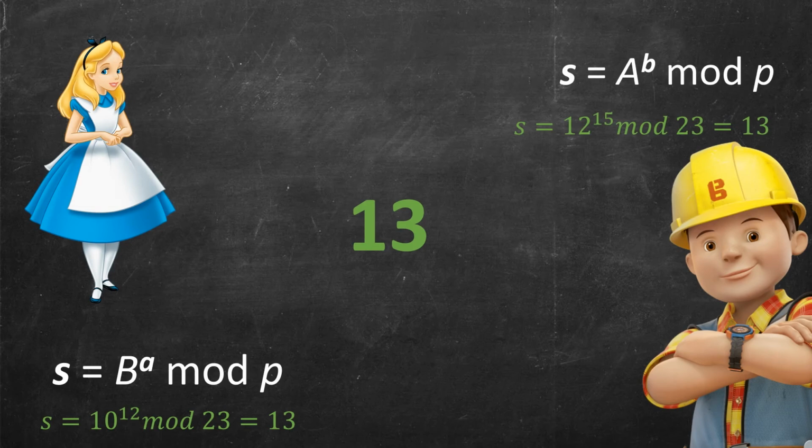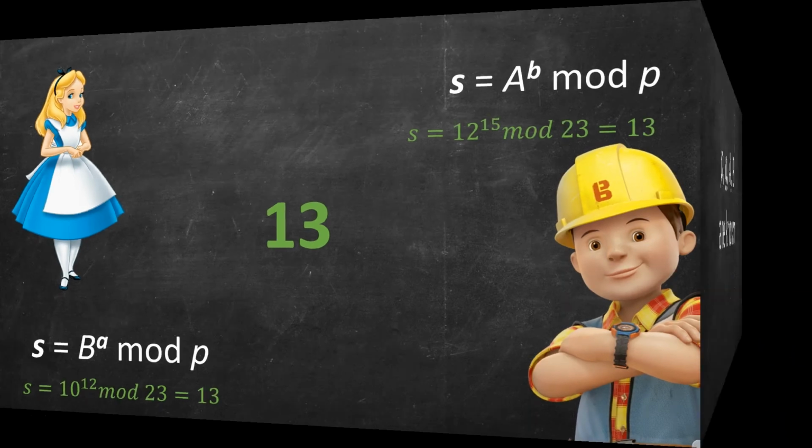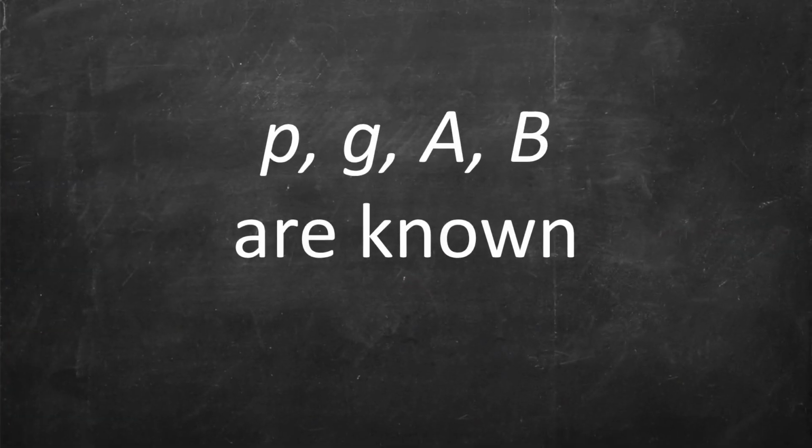They just shared G and P and capital A and capital B. But neither of them shared little a or little b. So the hackers couldn't figure out the number 13. So as I said, everybody knows P, G, A, and B. But P, G, A, and B aren't enough to crack the code.